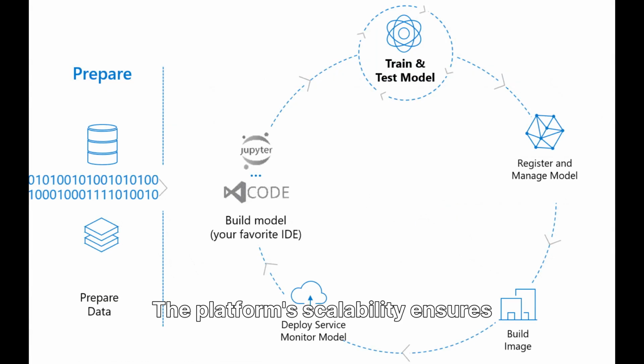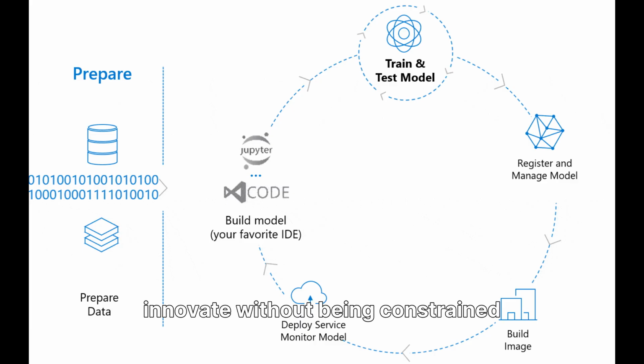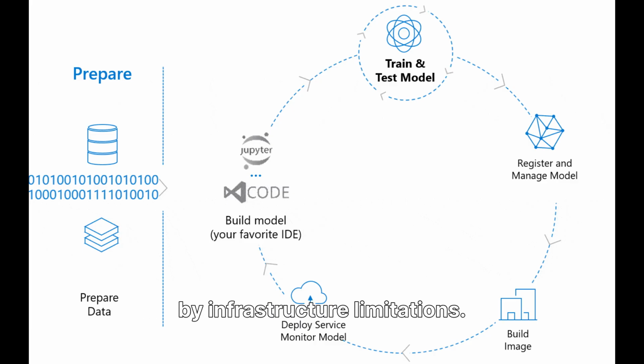The platform's scalability ensures that whether you're working on a small proof of concept or a large-scale enterprise solution, your computational needs are met efficiently and effectively. This adaptability is crucial in today's fast-evolving data landscape, allowing users to innovate without being constrained by infrastructure limitations.